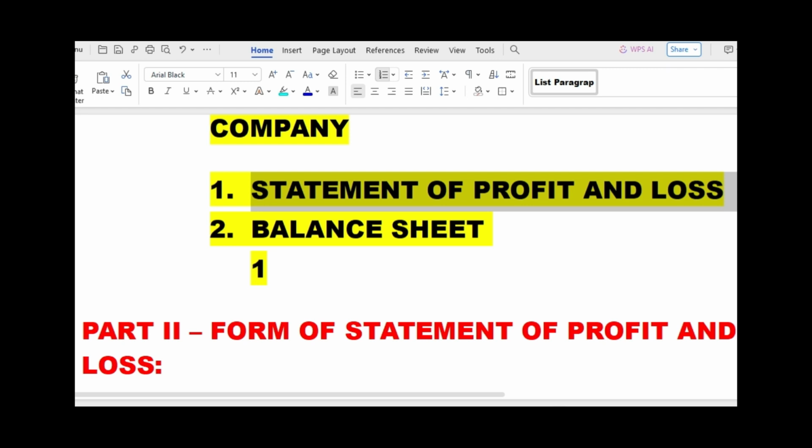So recording of transactions, passing the journal entries, preparing the ledger accounts, preparing the trial balance, preparing the statement of profit and loss, and preparing the balance sheet.